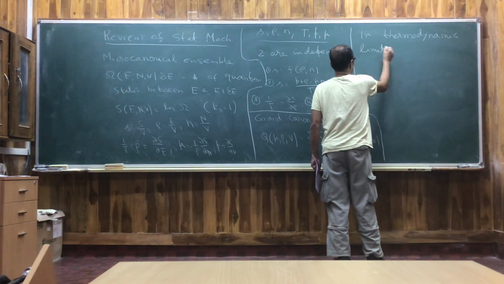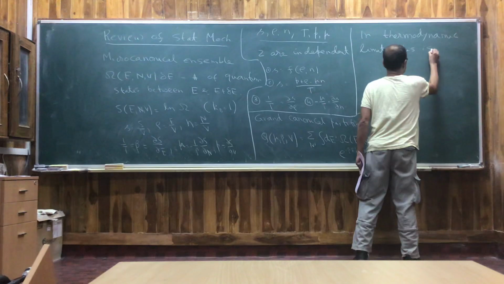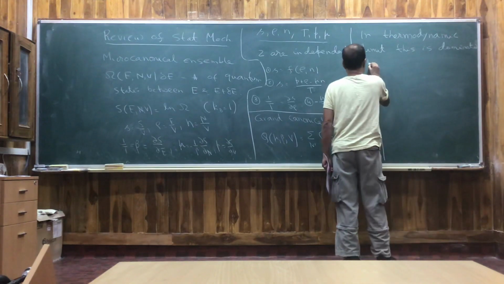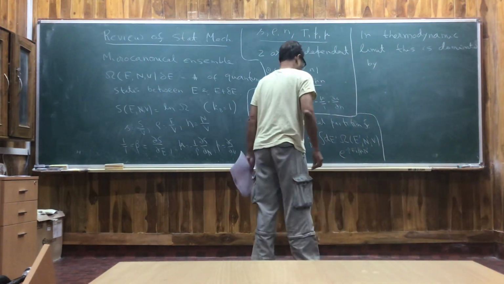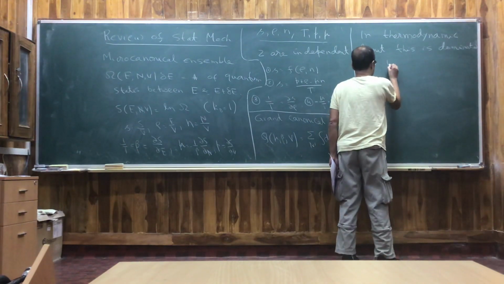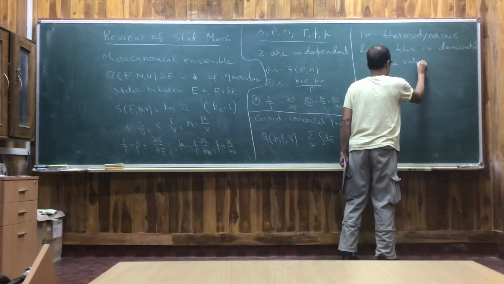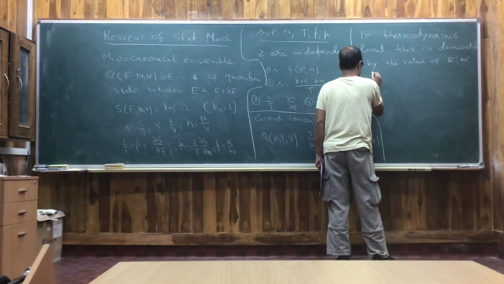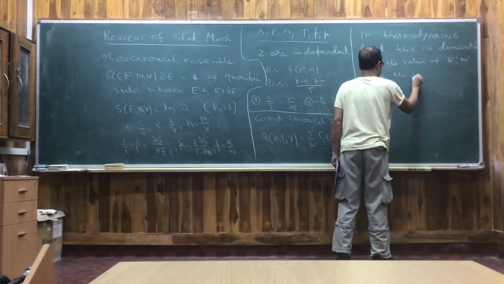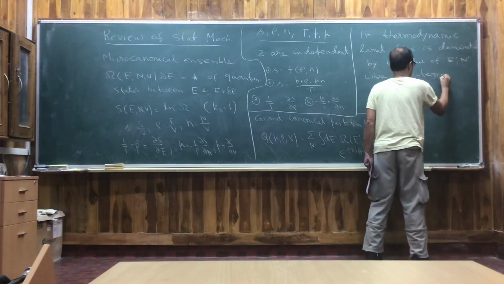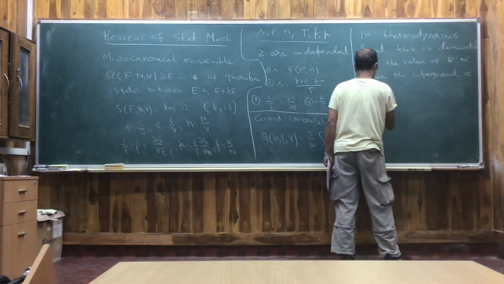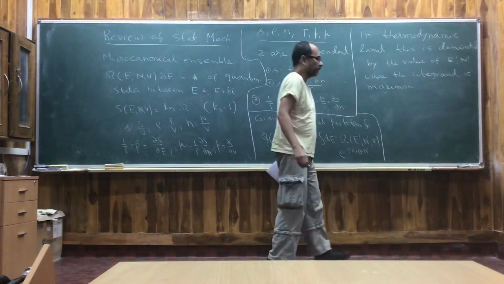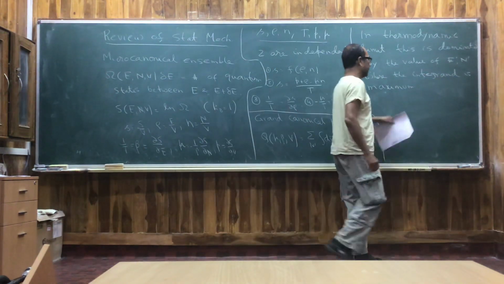This is dominated by the value of E prime and N prime where the integrand is maximum. And the place where the integrand is maximum, we'll call E and N.